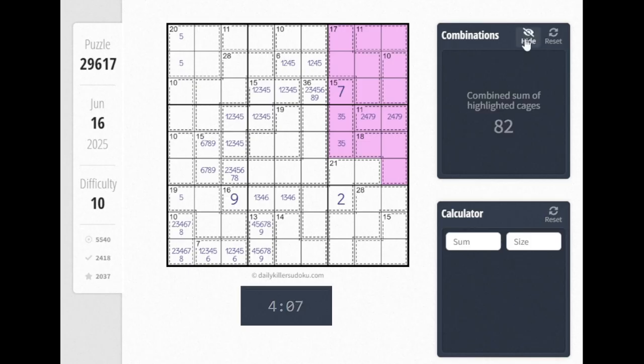How am I getting 72 here? 82. Oh, because I forgot to add 1. So this is 8. There we go. 1, 2, 3, 4, 5, 6, 7, 8. Very nice. Almost forgot about that.